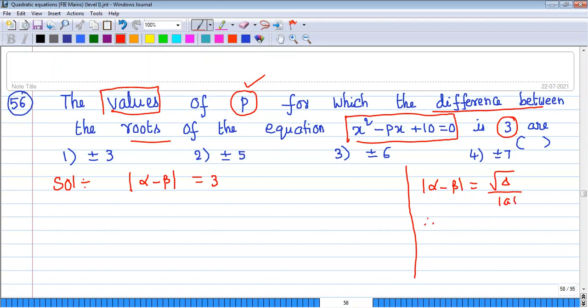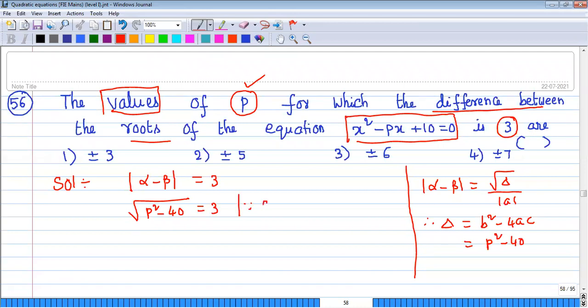So here delta is equal to b square minus 4ac. Here b means minus p, a means 1, c means 10. So p square minus 40. So this is root over p square minus 40 upon a. A is 1 actually, you need not write it.